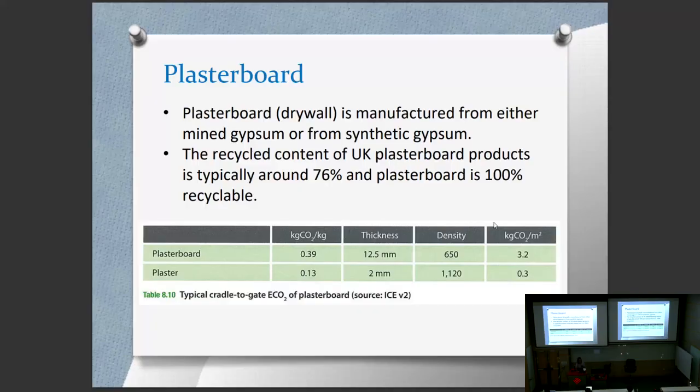So once again, we may specify the plasterboard products with high recycled content. And the plasterboard are typically used for partition, for interior wall, for the false ceiling, and some wall finishing.